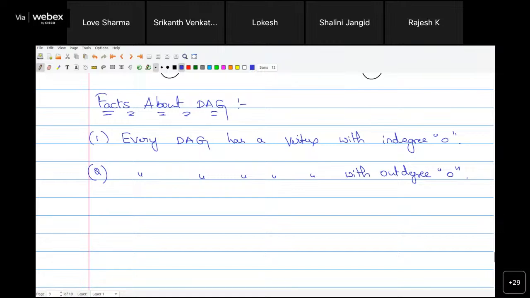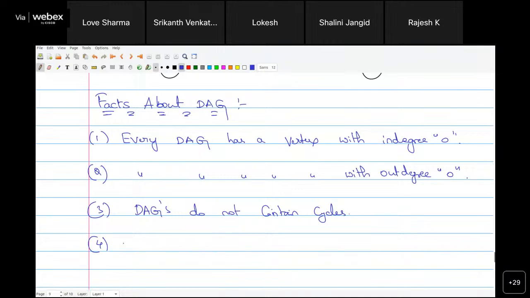And the third fact is a pretty well known fact. DAGs do not contain cycles. And the fourth one is, these are just the applications.